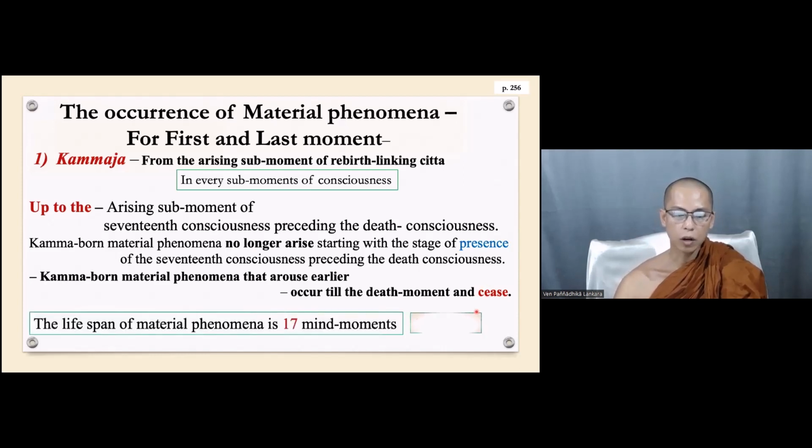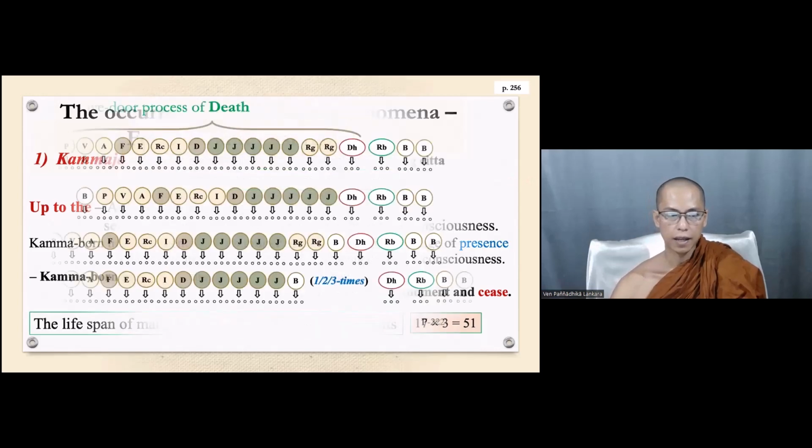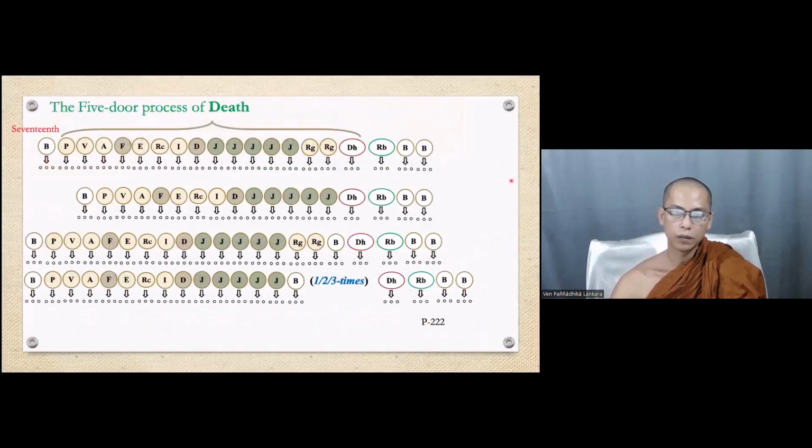Okay, so this is about the karma-born matter. The lifespan of material phenomena is 17 mind moments. If we multiply by 3 sub-moments, we understand their lifespan is 51 sub-moments. This is about the karma-born materialities. In relation to that, we have to know the death moment.